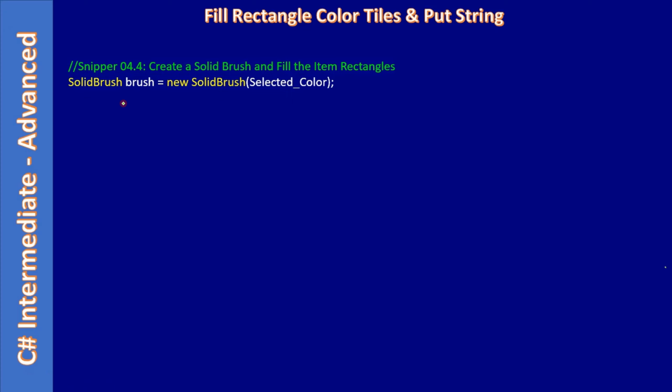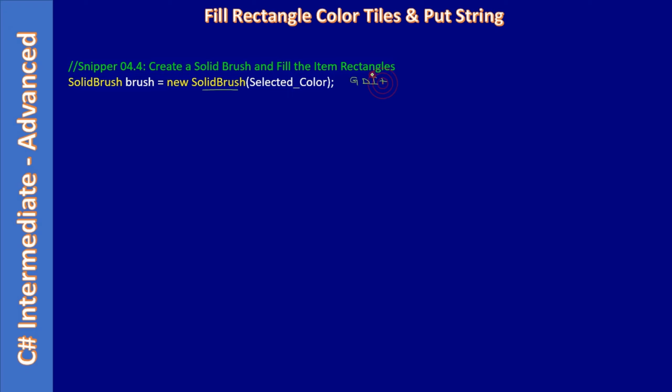So next we need to paint the tiles, right? We have empty tiles and we have to paint them with a specific color. Here, if you see, we are making use of the selected color and creating a solid brush. In one of our subseries we already talked about GDI+.